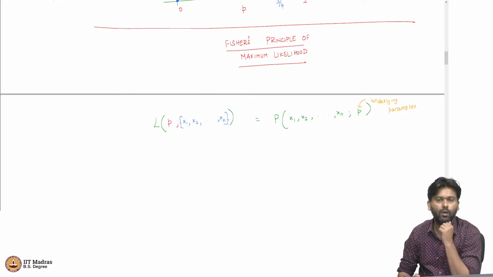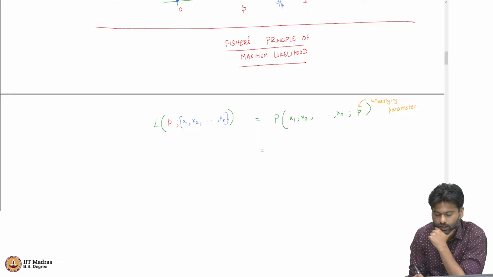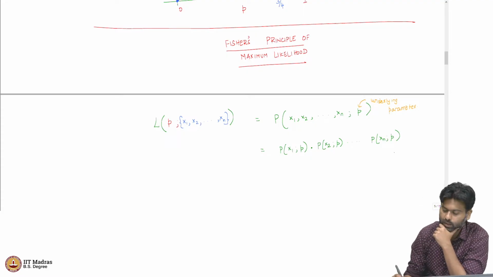But because we have assumed independence, that one event does not affect the probability of the other, I can write this as the probability of x1 parameterized by p, times the probability of x2 parameterized by p, dot dot dot, times the probability of xn parameterized by p. What lets me do this is independence.